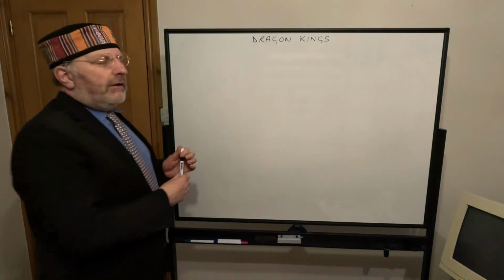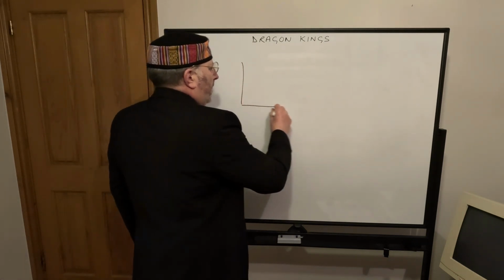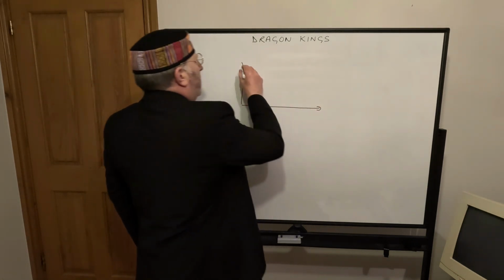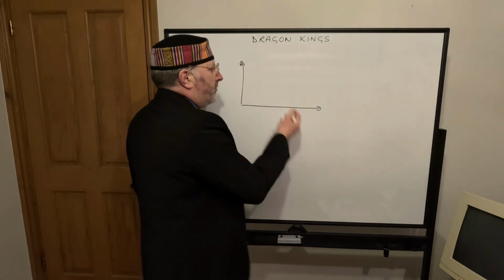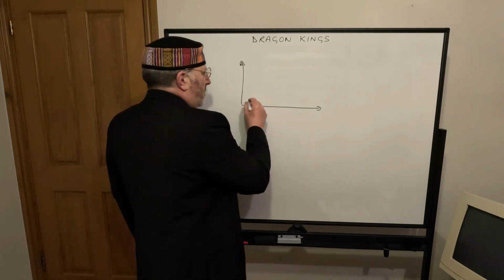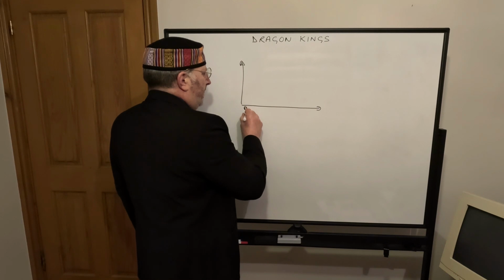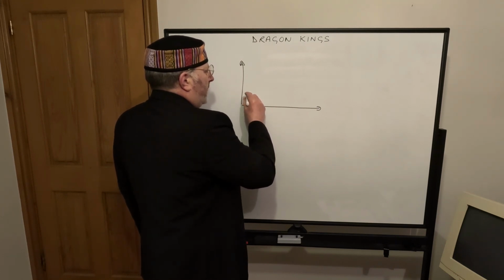And this idea of Dragon Kings, the researchers suggest their model explains the emergence of Dragon Kings that you get, for example, in search engines. Back in the 90s, there were many different search engines.